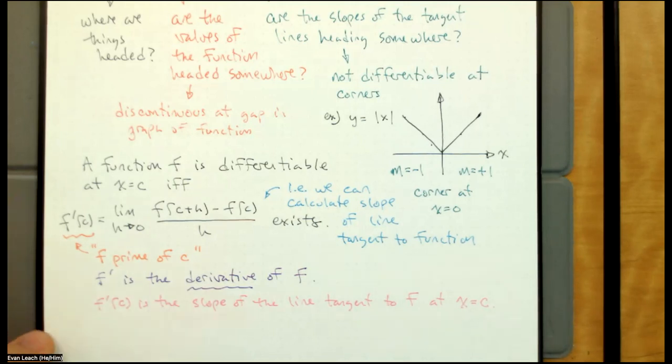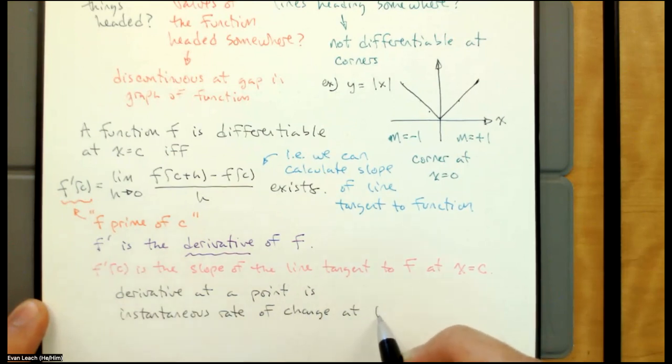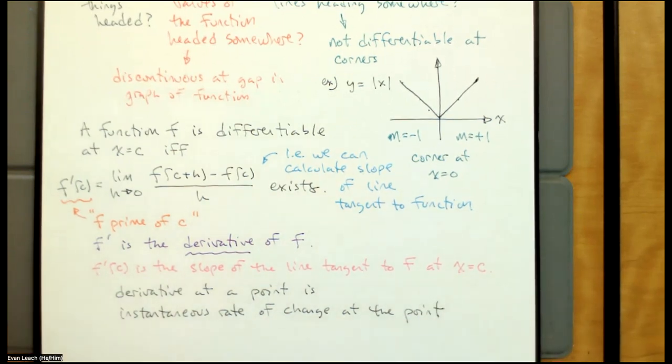So in general, why we care: we care about the slope of the tangent line because it is the instantaneous rate of change at the point.